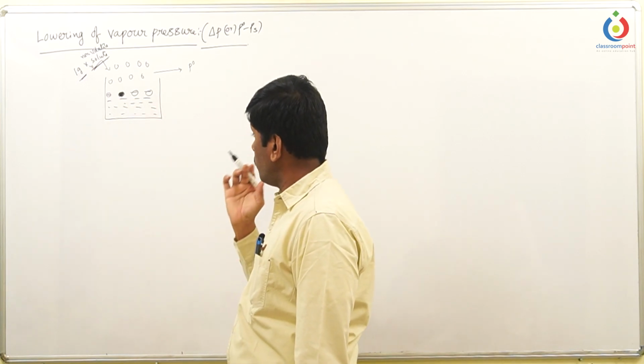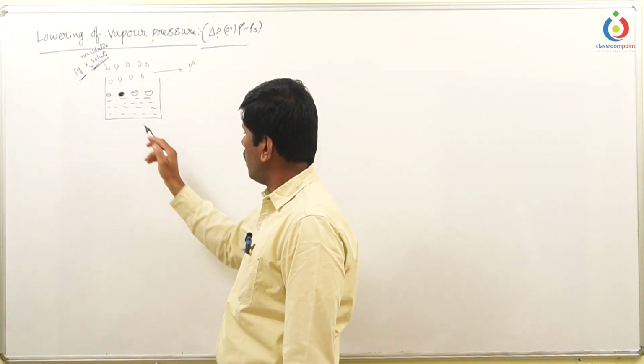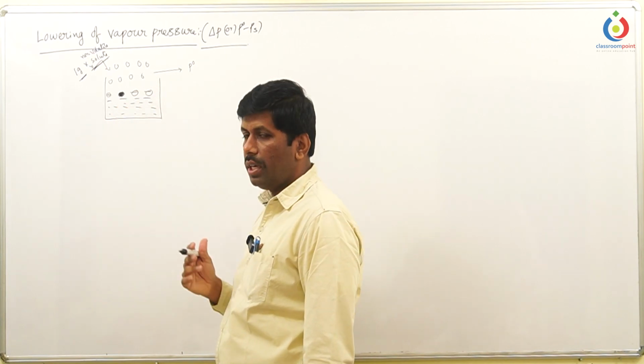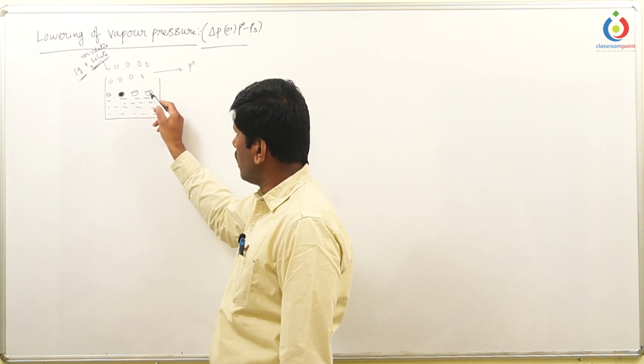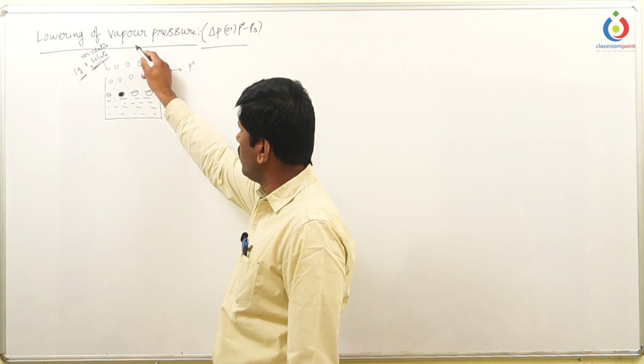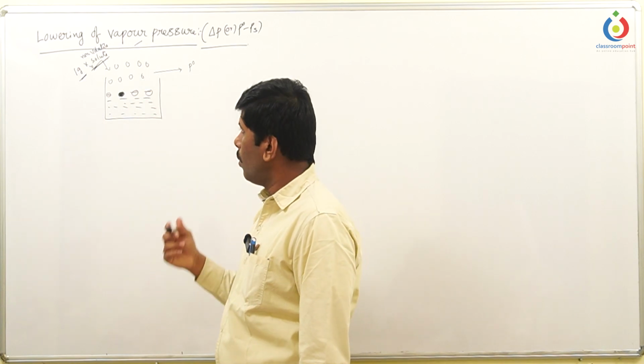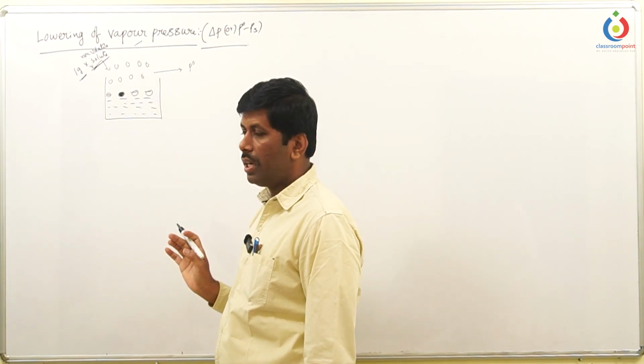Now, from solvent to solution, the number of solvent molecules on the surface area gradually decreases. We know that vaporization comes only from the solvent molecules, because only the solvent is volatile here and the solute is non-volatile.